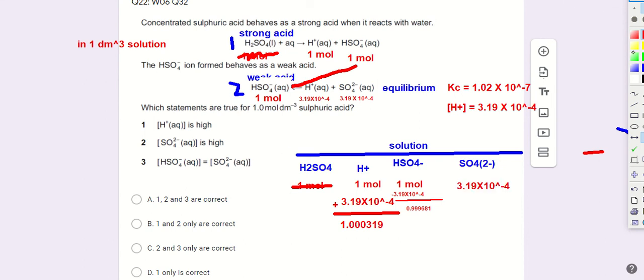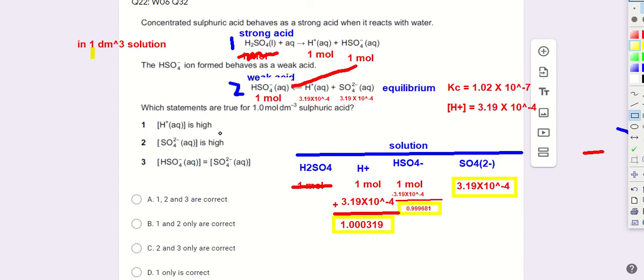Let me highlight the final ones for hydrogen ion, hydrogen sulfate ion, and sulfate ion. This is the number of moles in 1 decimeter cube solution, so these are also the concentrations, because all are divided by 1.